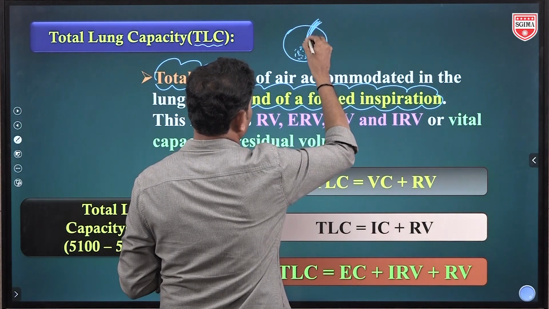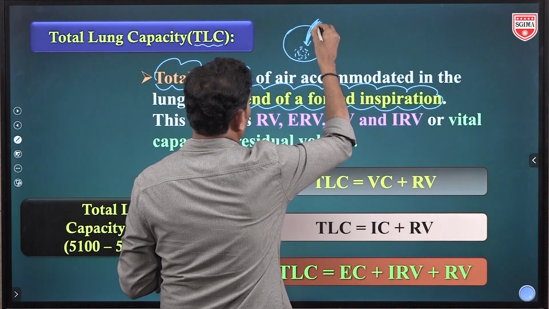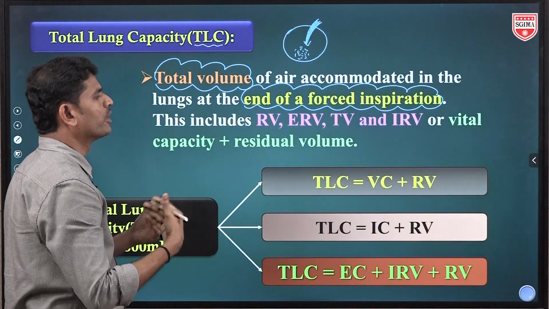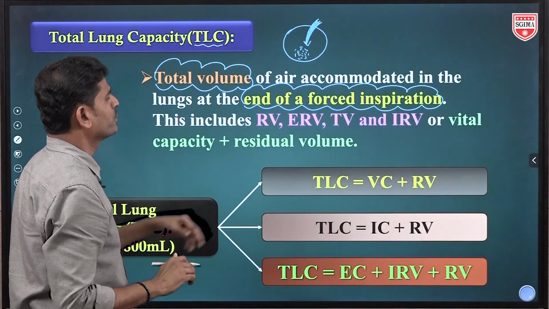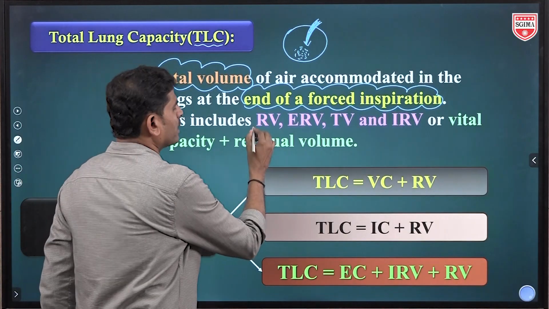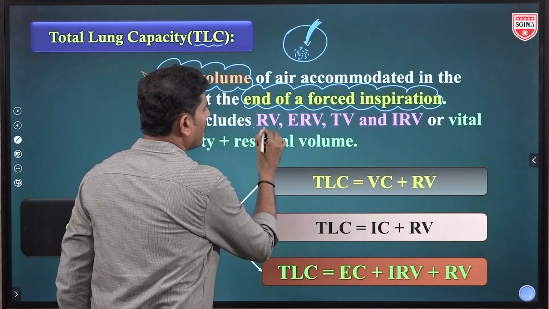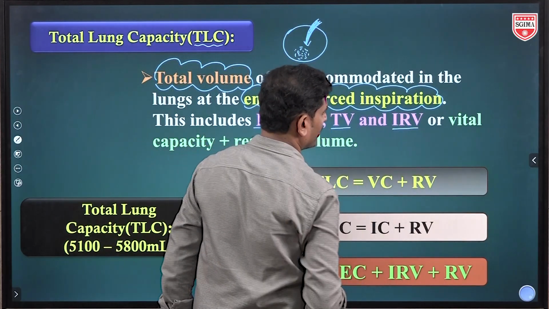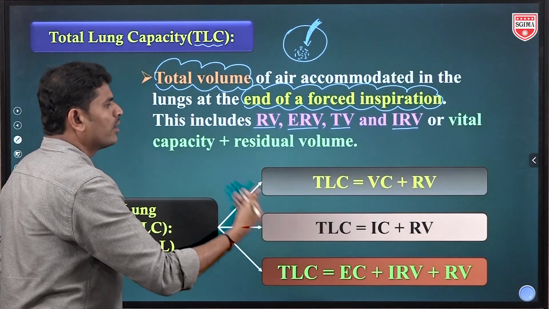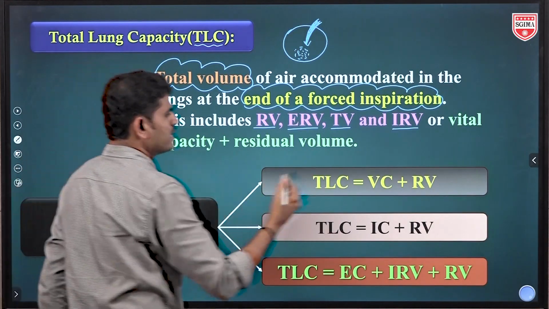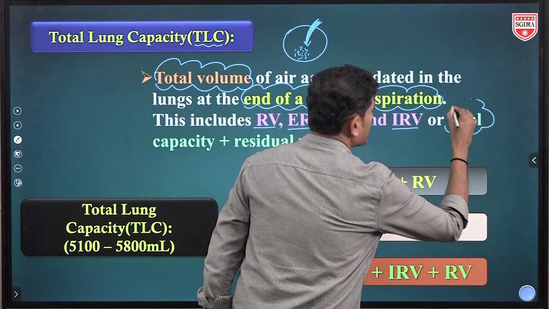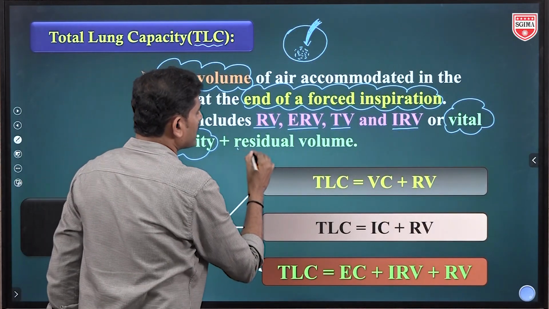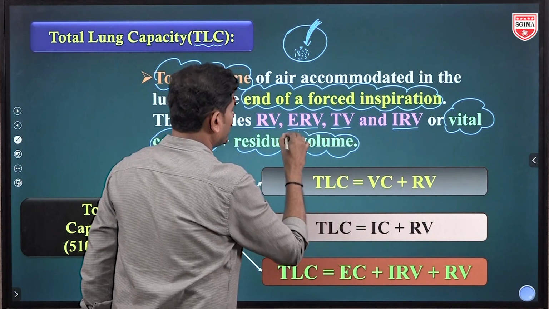In forced inspiration we take the maximum air, then at the end of this, how much air will remain in this one? So it includes everything, all the volumes, all 4 volumes: RV, ERV, TV and IRV. We can also define this in another way, that is vital capacity plus residual volume, that is RV.